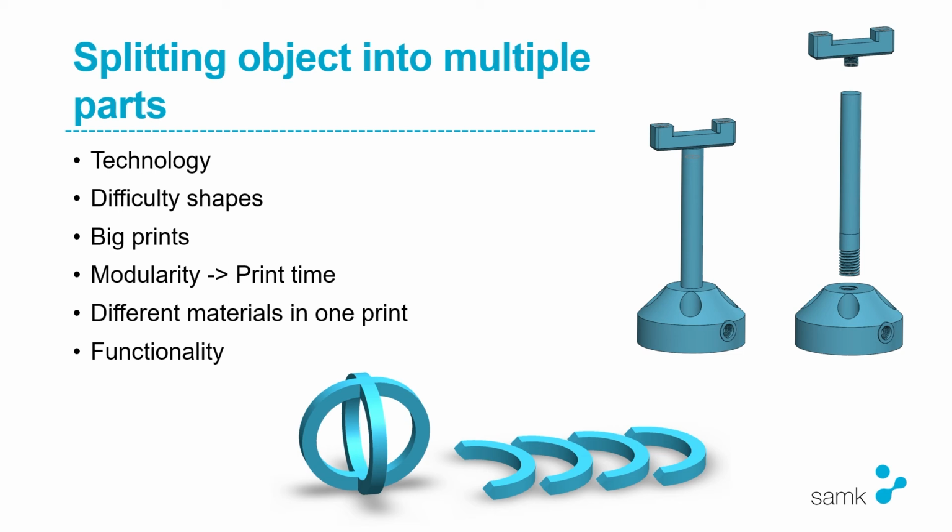And if you have several printers, obviously this will be a lot faster to print. And you can use different materials, of course, in the same print if you split it into parts. On the right-hand side, you see a robotic vacuum gripper that was printed in three parts, because it made more sense to do it like this, as it enabled a thing called modularity.